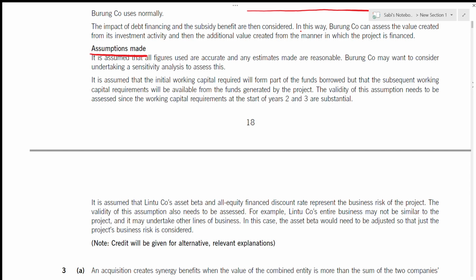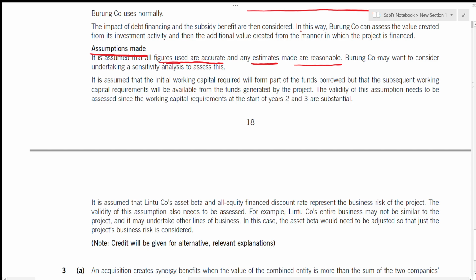So it is assumed that all figures used are accurate. So this is assumption 1. And any estimates made are reasonable. Okay, you can memorize some of this and use it in your answer.